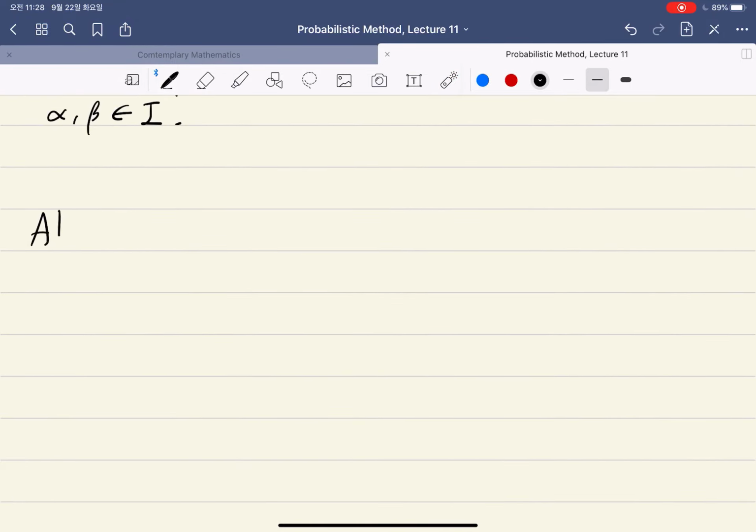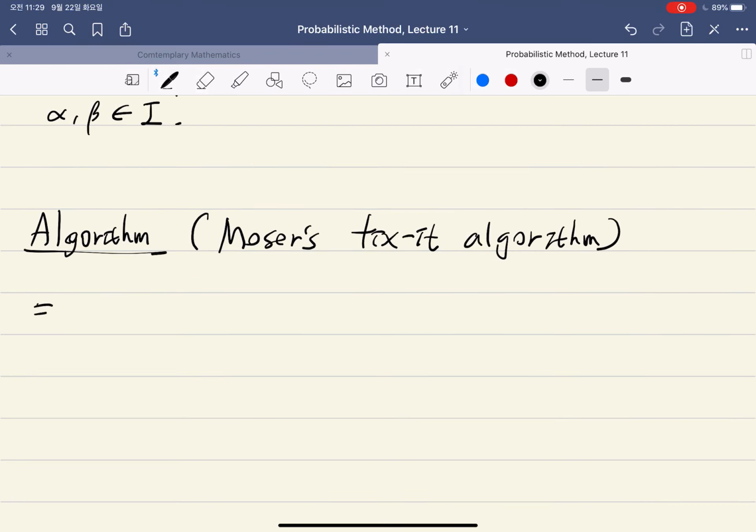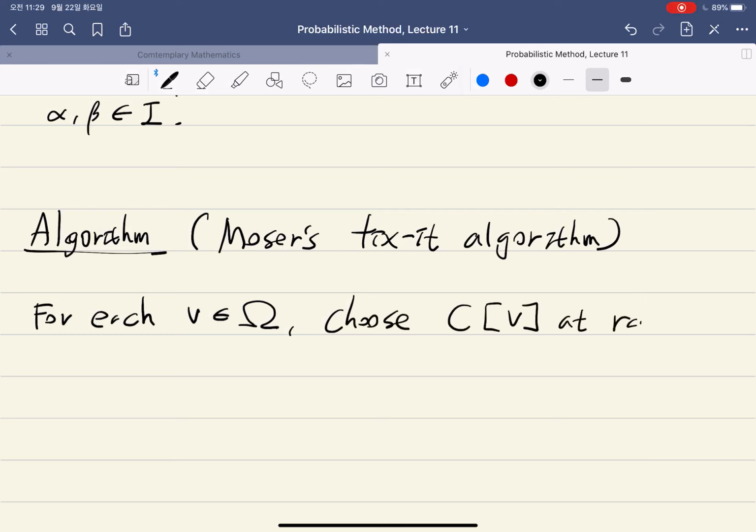Now, what Moser proposed is the following algorithm, which is called Moser's fix algorithm. For each v in Omega, we choose C of v at random.